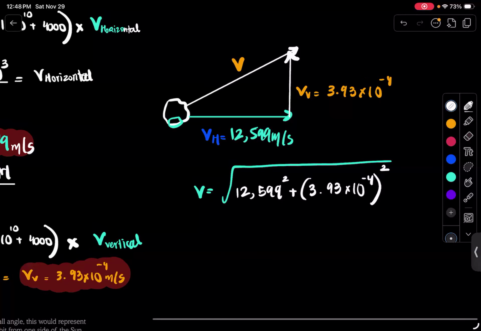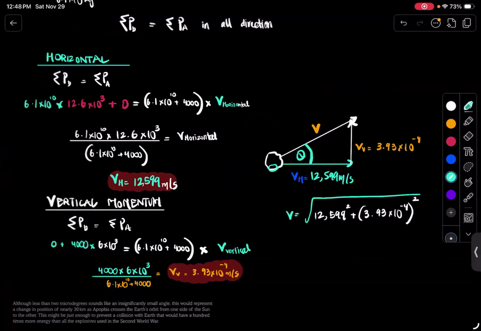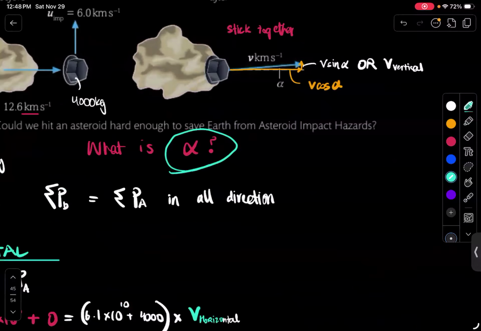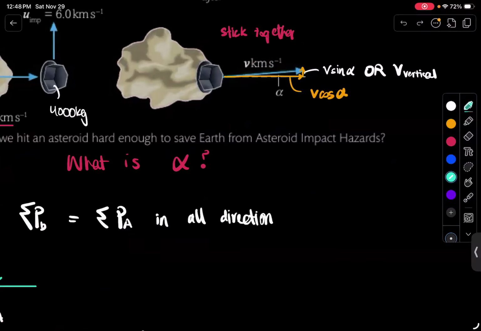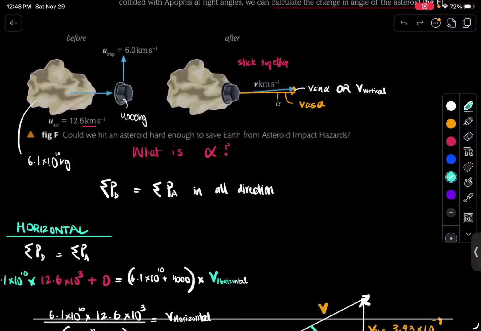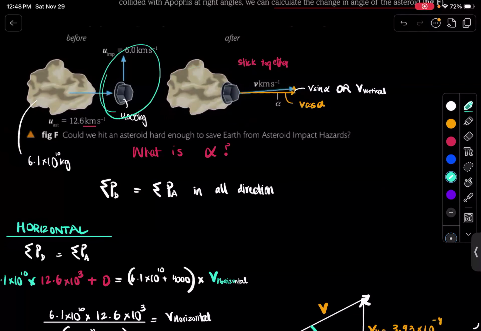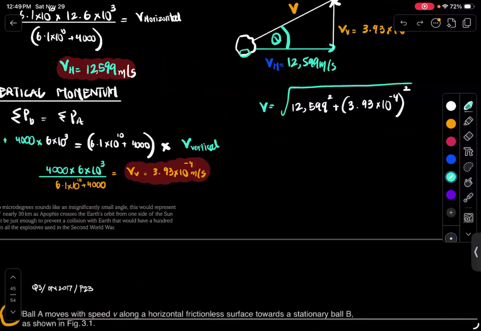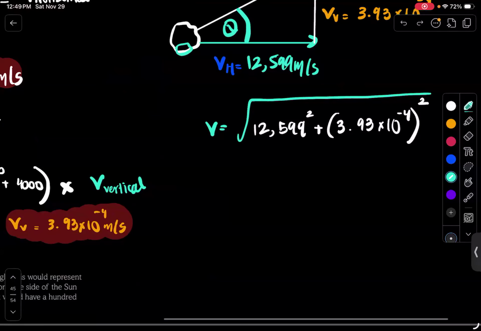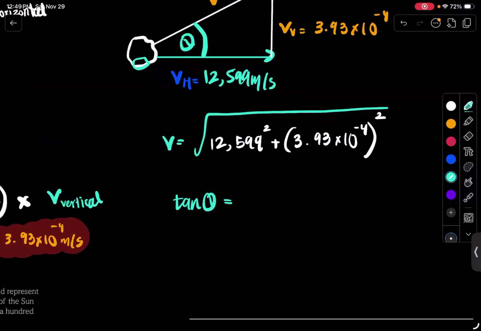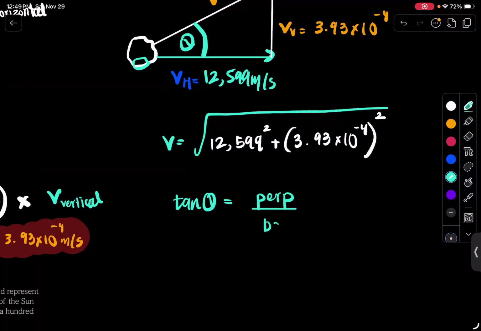Okay. Now, how about we calculate this theta, right? The goal of the question was, what is alpha, right? By how much angle does the trajectory change? Because our entire goal was, by how much angle can we change this trajectory by shooting this at a certain speed? Let's calculate theta. We can calculate theta by just using tan theta, right? Tan theta is equal to perpendicular over base.